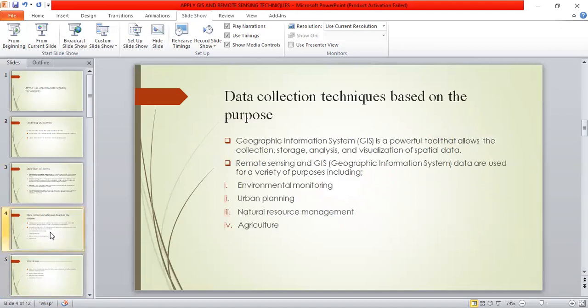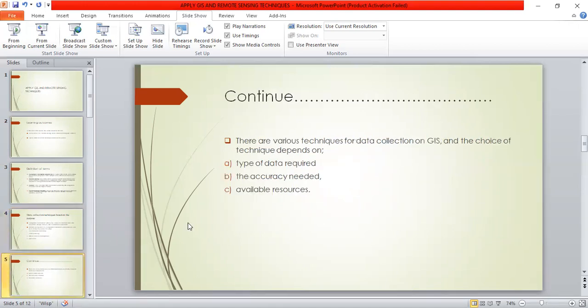Before we collect that data, we must have some considerations on the type of techniques that we are going to use. What are some of the considerations that we must put in place before we choose a technique for data collection? Type of data.